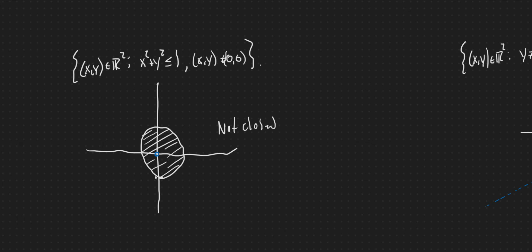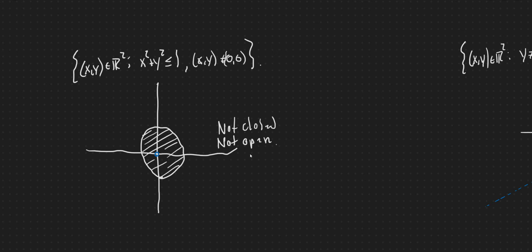No, because it does contain some boundary points, right? It includes those boundary points around the edge. So it contains some of its boundary points, but not all, and therefore it doesn't consist entirely of interior points, and so it's also not open. So something like this is neither closed nor open.